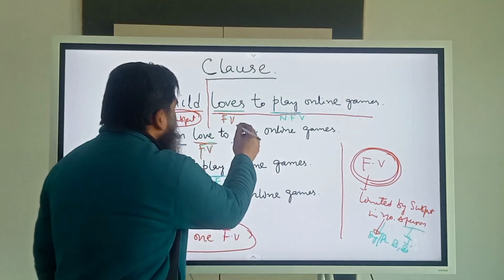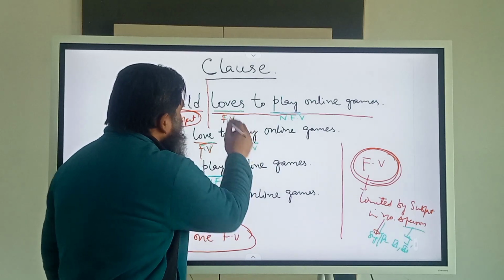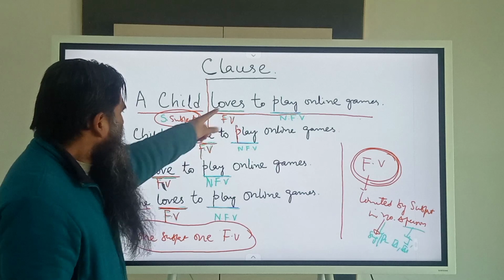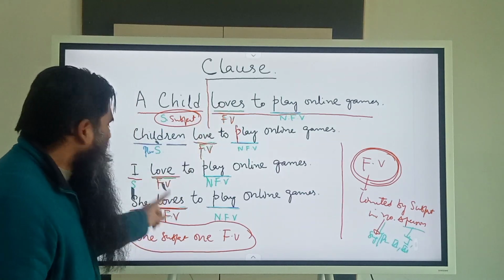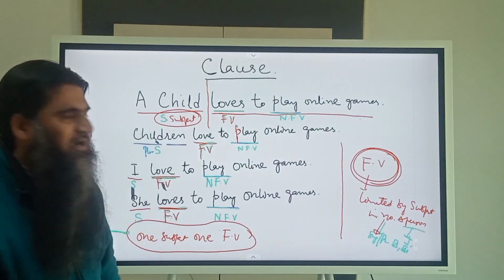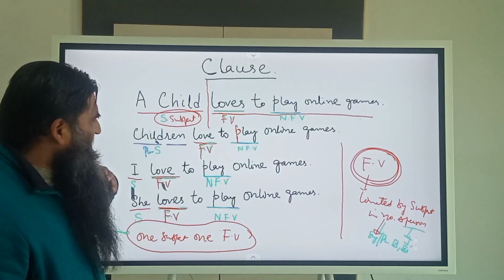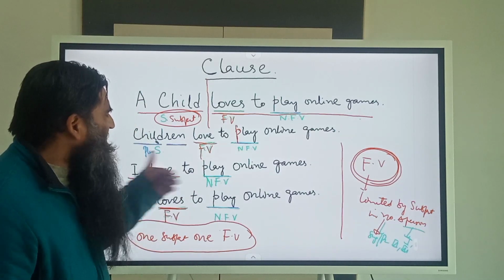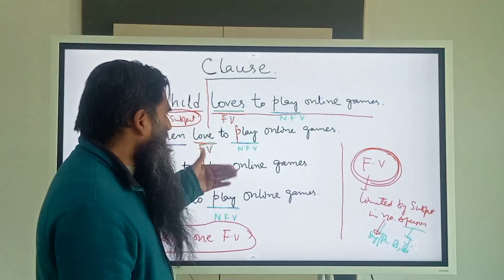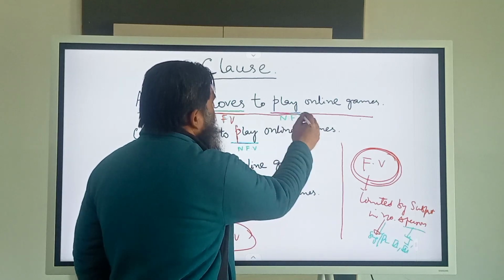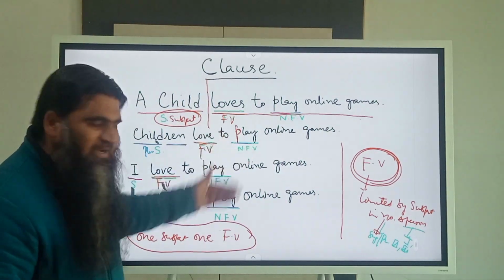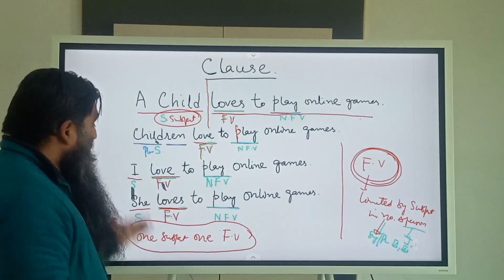Also, remember this point that a finite verb actually shows us the tense. Here, loves, love, loves, this shows us the tense, and this is limited by the subject in number and person. But if you look through all these sentences, we find that there is another verb in all these sentences, that is play. So in the first sentence we have play, in the second sentence again play, third again play, and fourth again play.